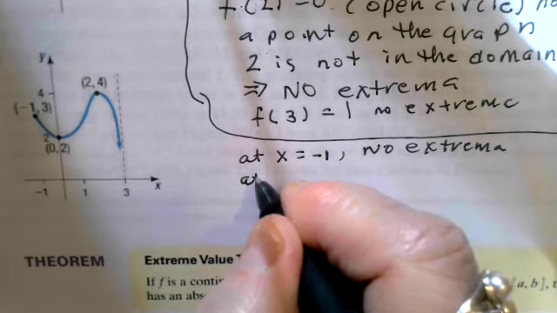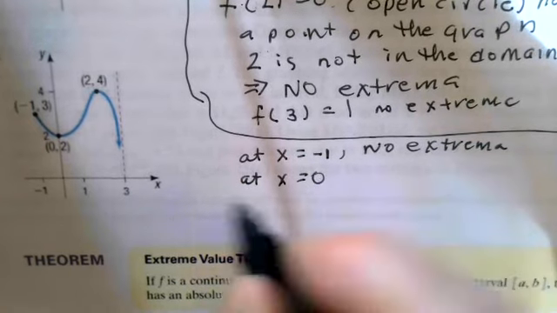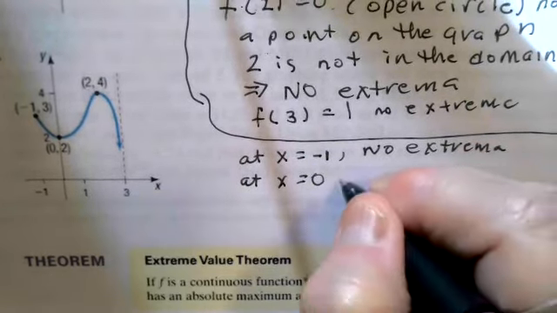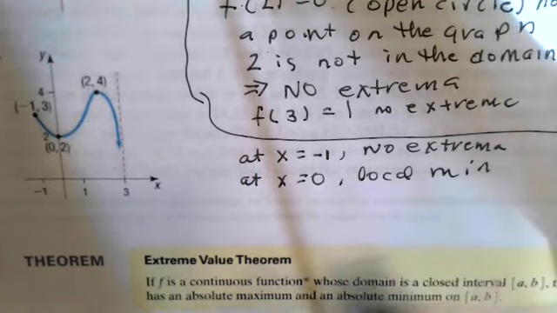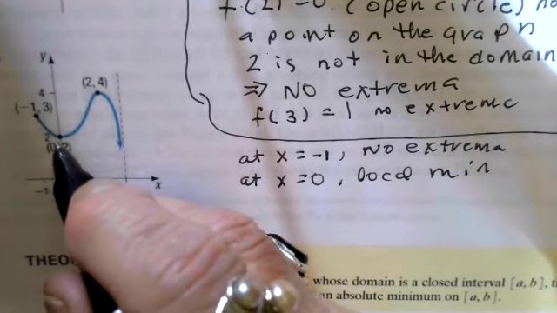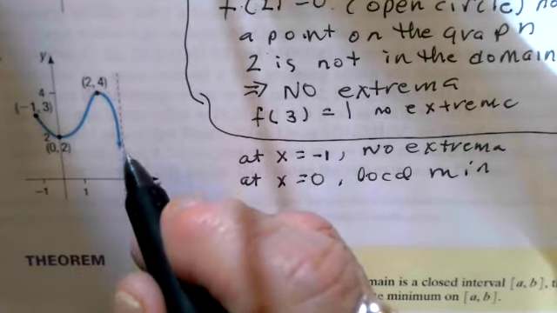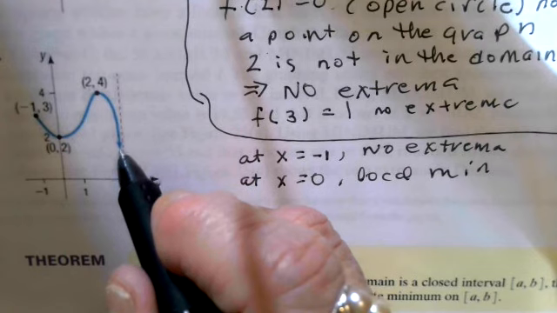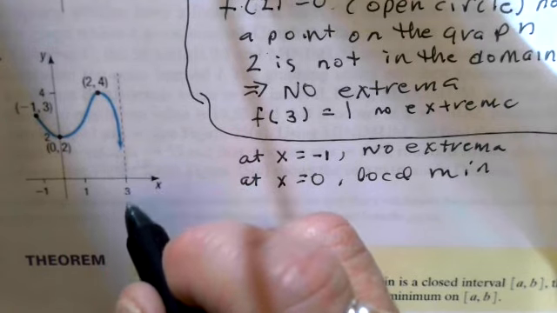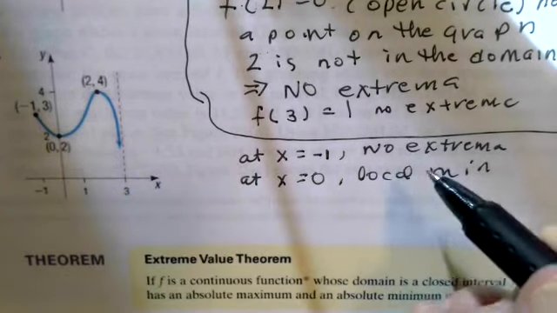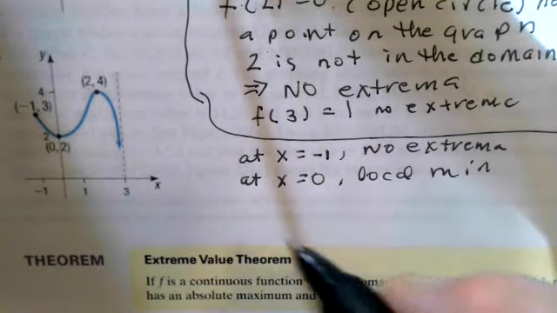And at x equals 0, now there's definitely a local min there. But is it the absolute min? No, because see, this graph is going to keep decreasing right here and go down to negative infinity. It's going to keep going. So it's a local min, but it's not an absolute min.